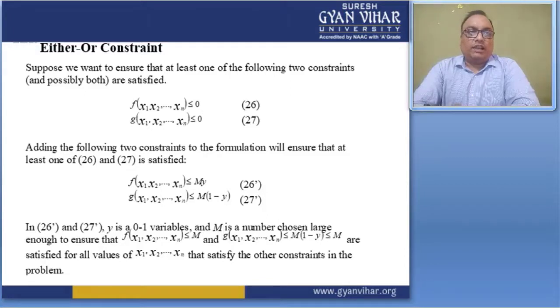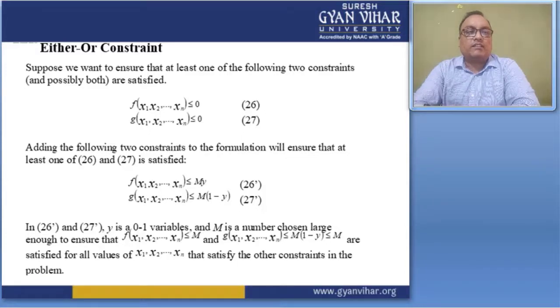at least one of them is satisfied. This will give f(x1, x2, ..., xn) less than or equal to M. This is the one function, and the second is g(x1, x2, ..., xn) less than or equal to M(1 minus y). So in equations 26' and 27', y is a variable only, here 0 or 1.